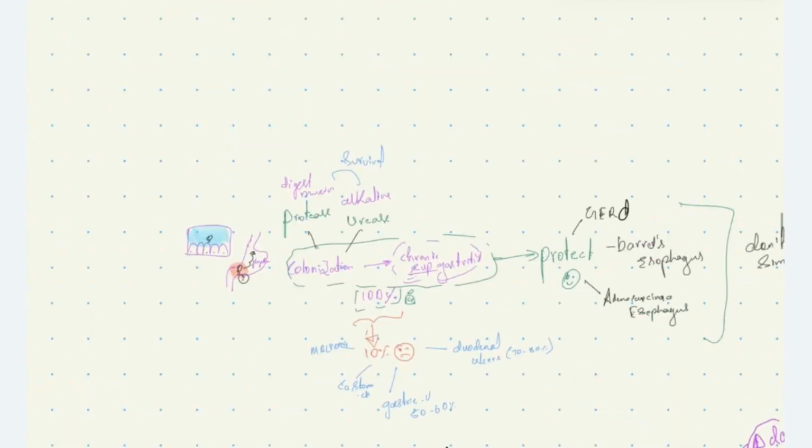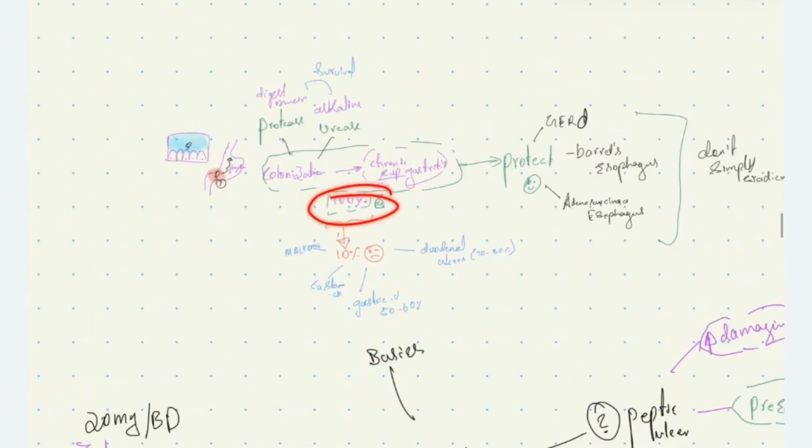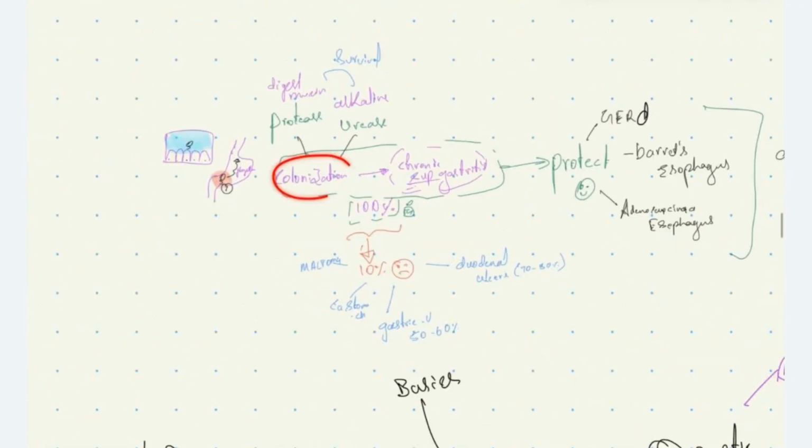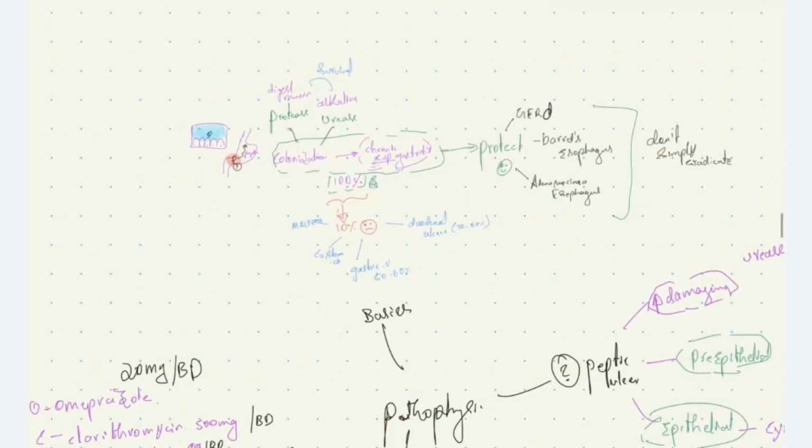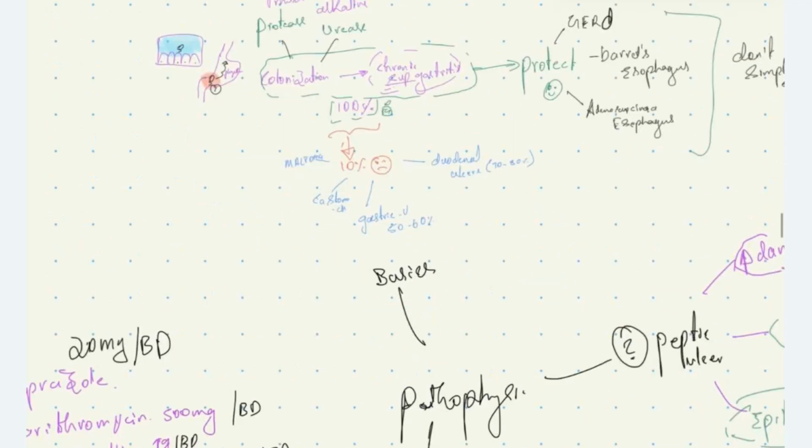In almost 100% of us Indians, we have colonization of H. pylori, where usually the bacteria attaches to the antrum or pyloric region, then it can migrate upwards into the body and fundus. In 10% of them, it can lead on to duodenal ulcer, gastric ulcer, stomach carcinoma, or MALToma.